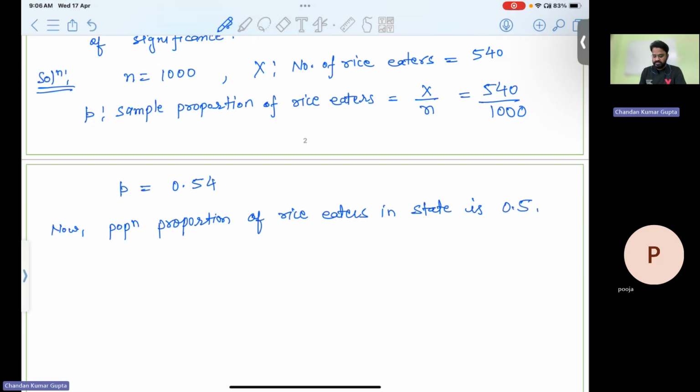So the population proportion is 0.5, which we say is p naught.